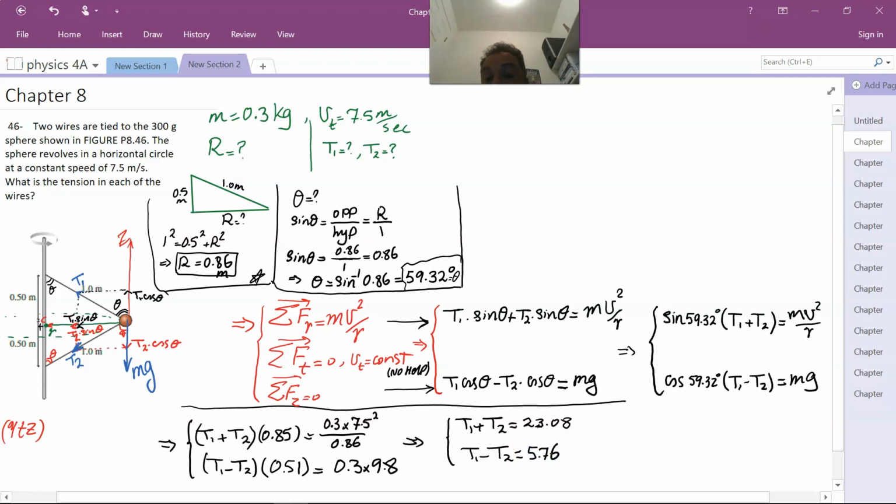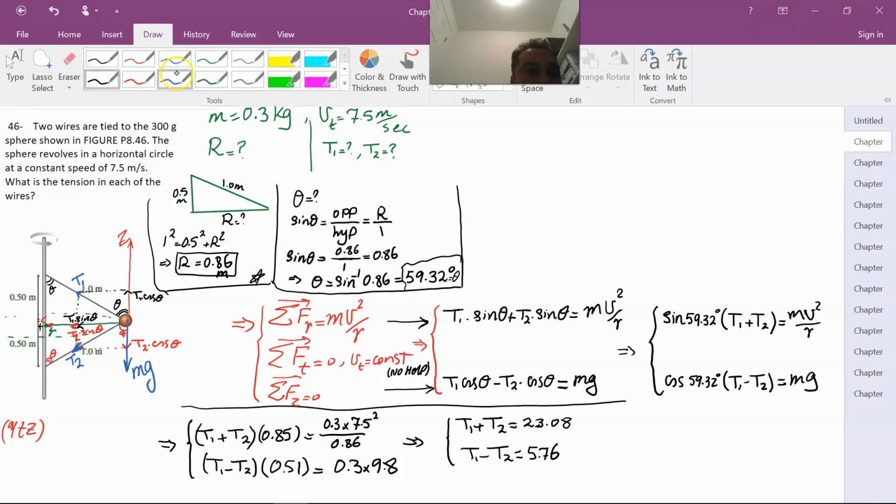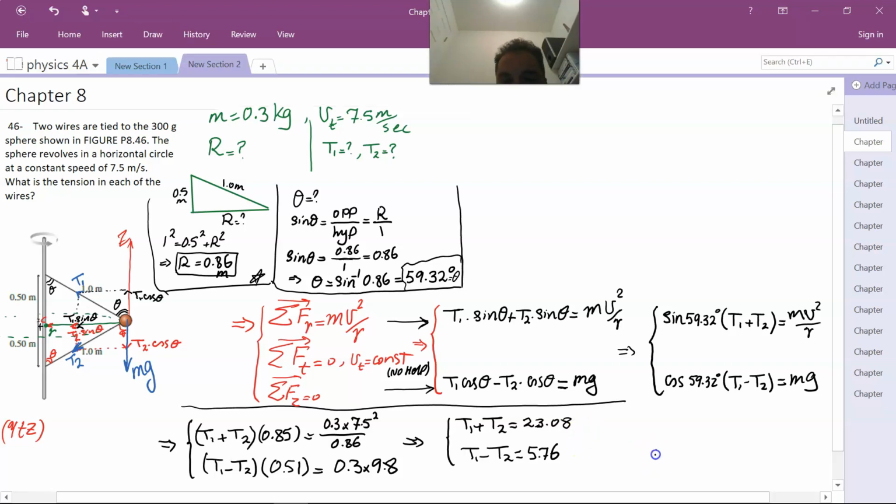We can find tensions. It's up to you. You're free to do anything. You can substitute, you can cancel. So I go with the elimination method. I'm going to add these two. If I add these two, tension 2 with tension 2 is gone.